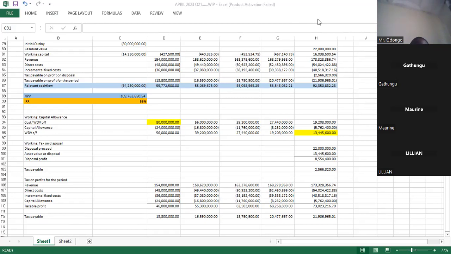Just open a new Excel, work out the pessimistic case, and send it to your WhatsApp group. Save it in your name and attach it in the WhatsApp group. So 10 minutes, please carry out that exercise, and be quick.